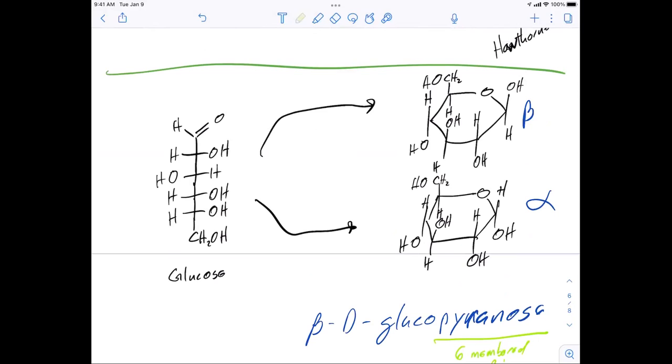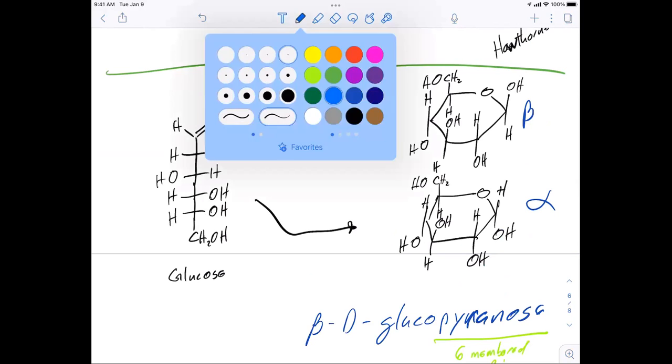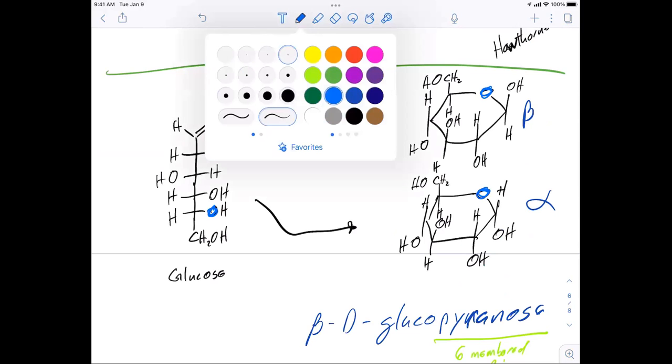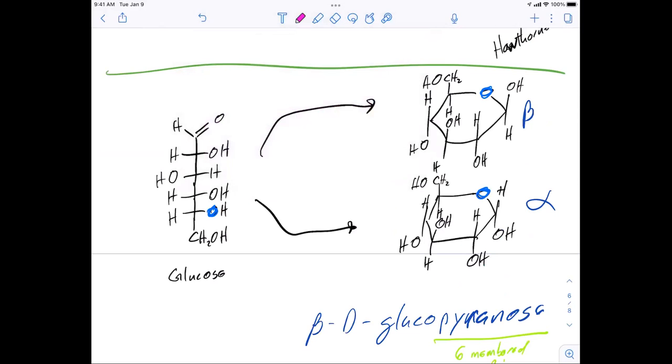Yeah, that's actually going to be this double bond. Right. So if we look at starting here, 1, 2, 3, 4, 5, 6.